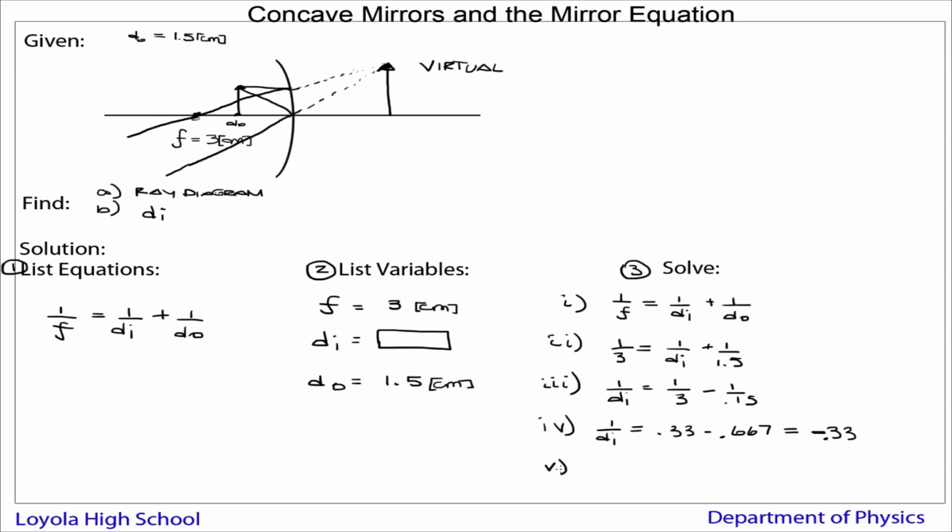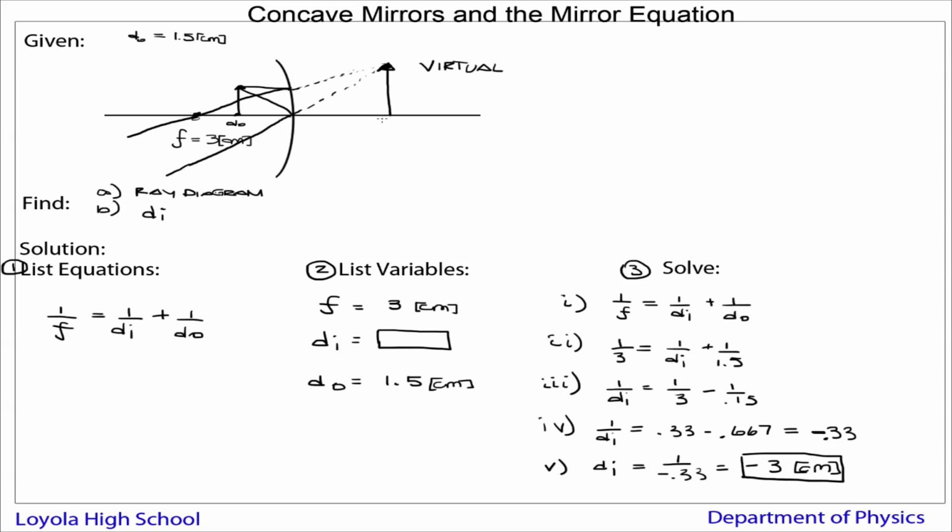Which is interesting, because our di, if we cross multiply, is going to be 1 over negative 0.33, which is equal to negative 3 centimeters. So we get a negative answer here, which is interesting. Box your answer here.